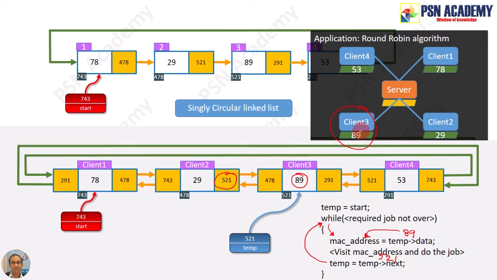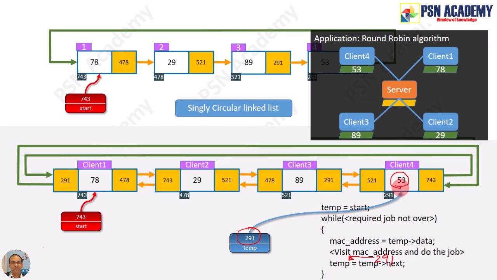After a small interval of time, you come back and update temp equal to temp next. Now the temp next is 291. So this will be loaded inside temp. So it becomes 291 now and it starts pointing to the address at 291, which is holding the address of client 4.